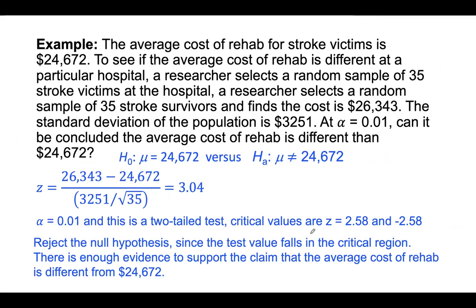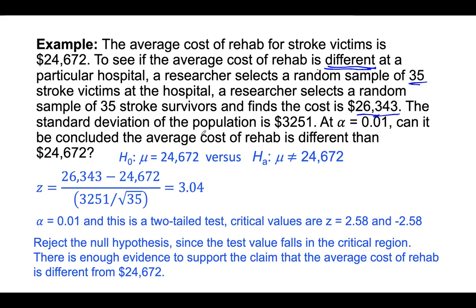Here is another example. The average cost of rehab for stroke victims is $24,672. To see if the average cost of rehab is different, so the keyword here is different, at a particular hospital, a researcher selects at random 35 stroke survivors and finds the cost is $26,343.